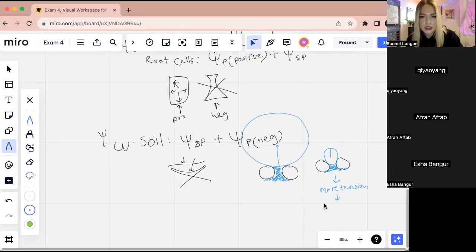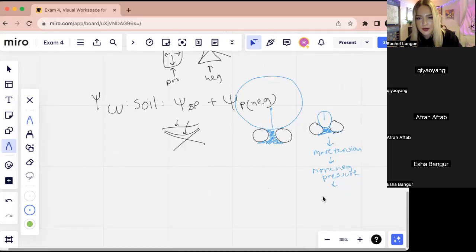If there's more tension, then there's more negative pressure. That's a very negative value for this, which means a very negative value for water potential.